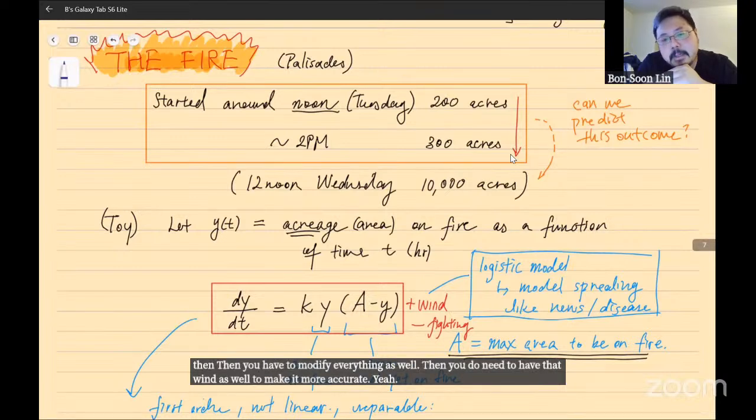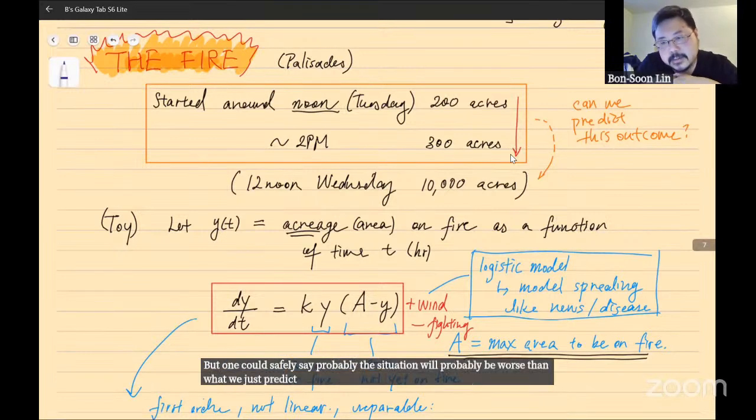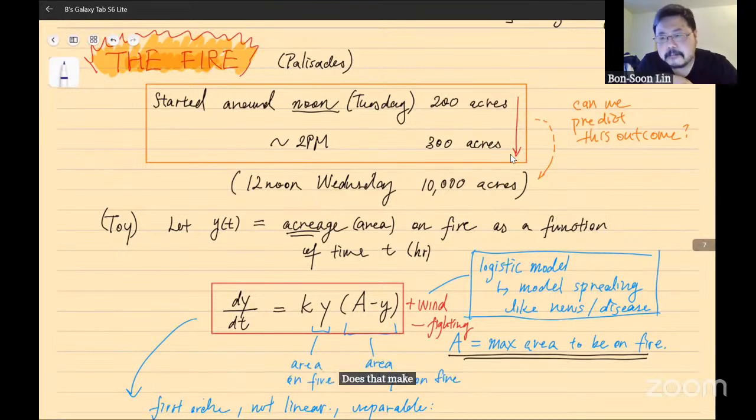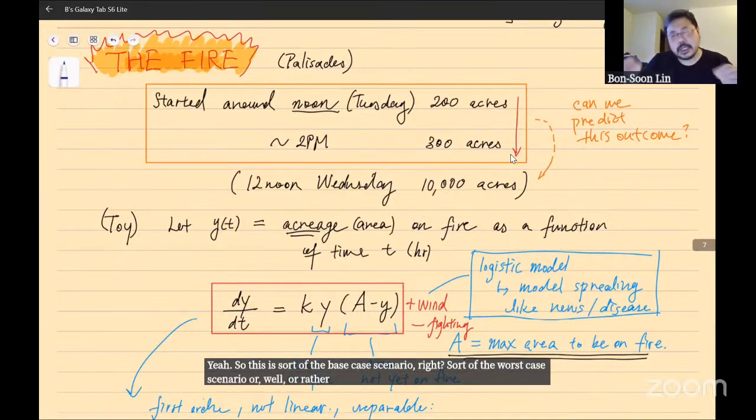But one could safely say the situation will probably be worse than what we just predicted, even without the wind. Does that make sense? Yeah, I guess it does. So this is the base case scenario, or rather, we should say a baseline. It could always be worse, and probably the situation is much worse.